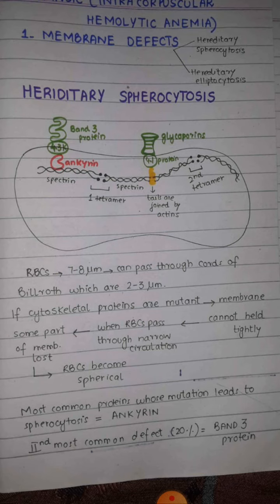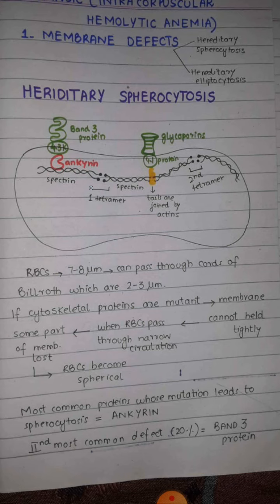Now if there is any mutation in the genes which are responsible for the formation of these horizontal or vertical proteins, then it can result in hereditary spherocytosis, and the red blood cells lose their normal shape and become spherocytes. Actually, if there is a mutation in these cytoskeletal proteins, then the membrane of the red blood cells cannot be held tightly to the substance of the red blood cells.